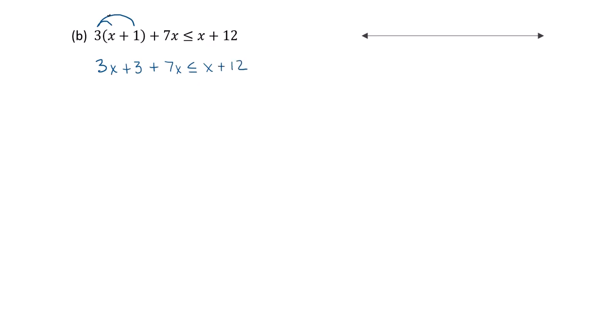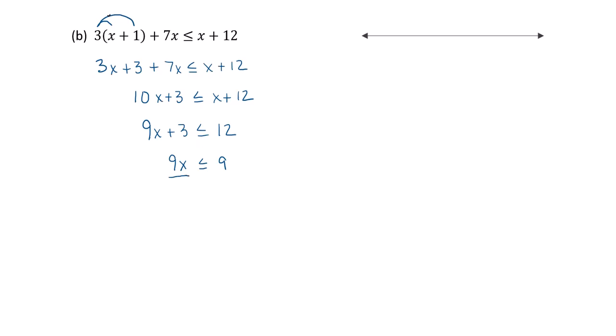Just like we did in the last one, let's get our x's on the left side and everything else on the right. For now, I can combine like terms. Then I'll subtract x from both sides. Then I'll subtract 3 from both sides, isolating my variable term.